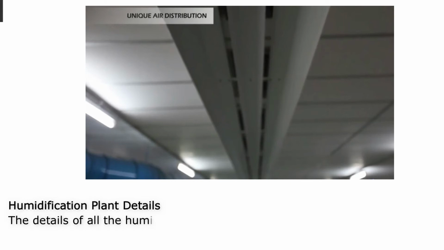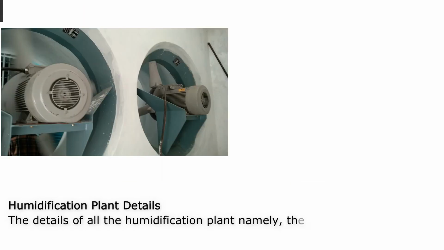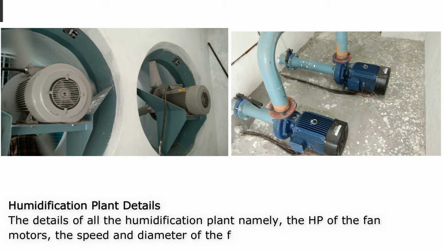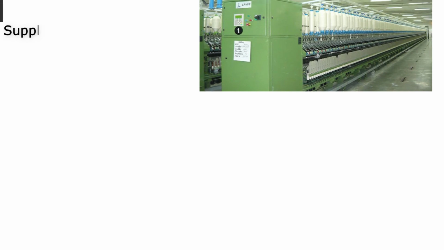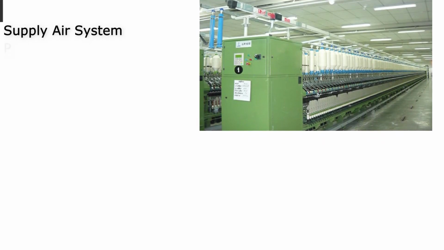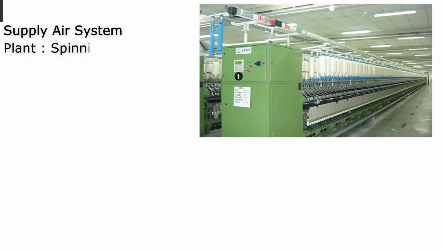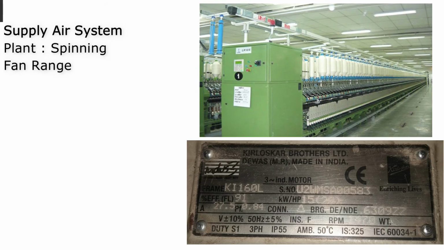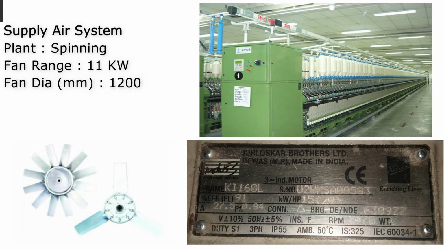Humidification plant details. The details of all of the humidification plant, namely the HP of the fan motors, the speed and diameter of the fans and the HP of the pumps. For example, supply air system, plant: spinning. Fan rating, 11 kW. Fan diameter, 1200.